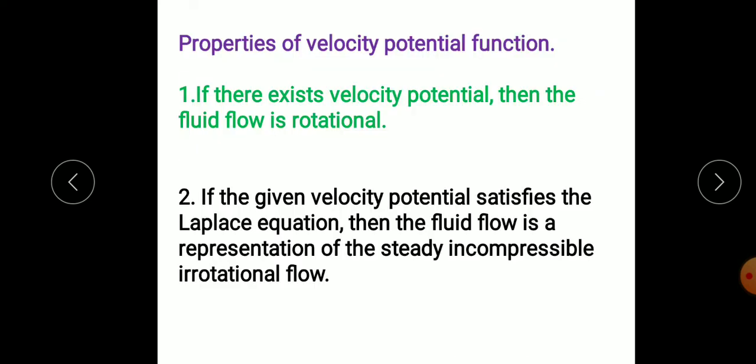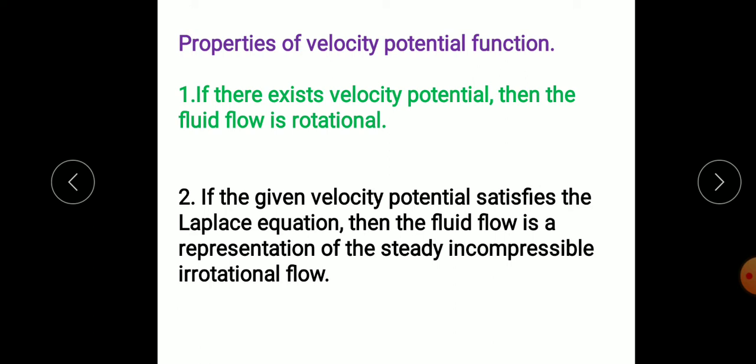So the properties of this velocity potential function are: if a velocity potential exists, then the flow is irrotational. And if the potential function satisfies the Laplace equation, meaning the Laplace value is 0, then the flow is steady, incompressible, irrotational flow.